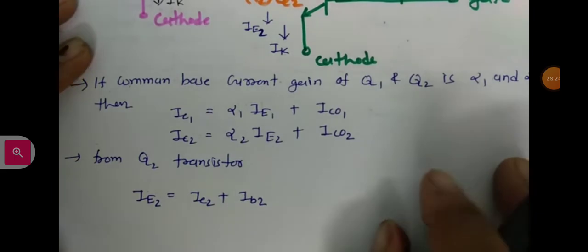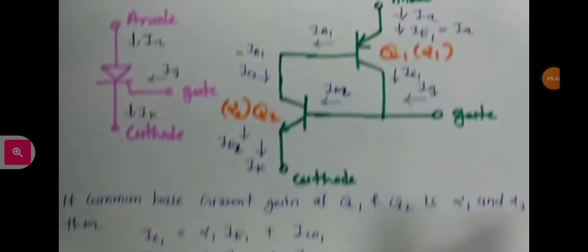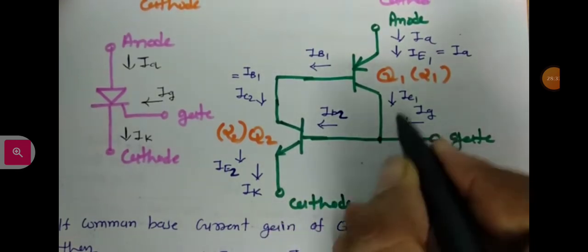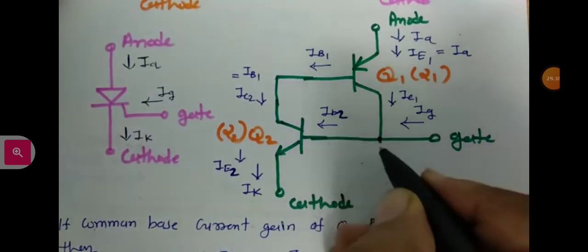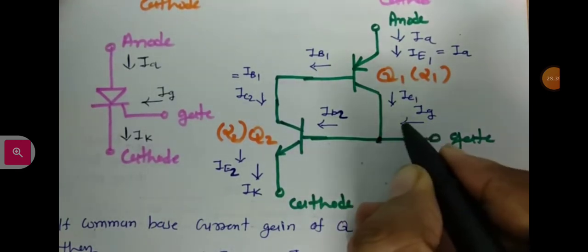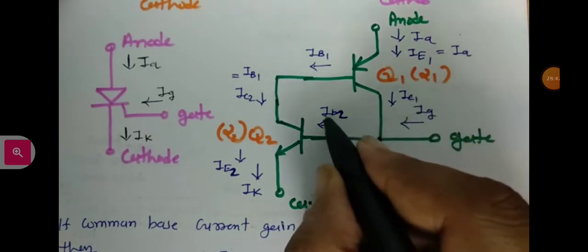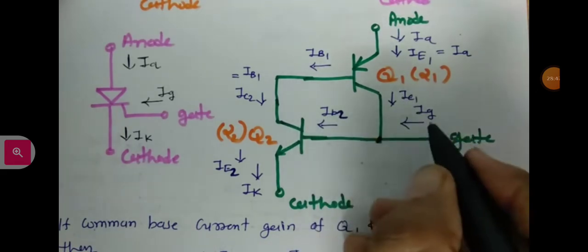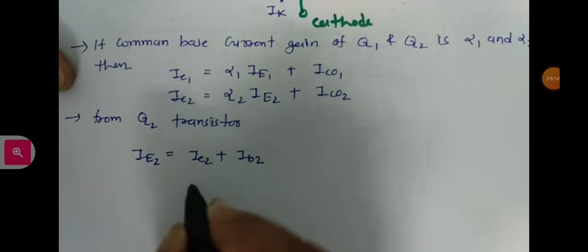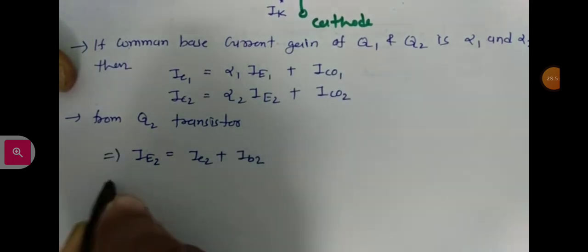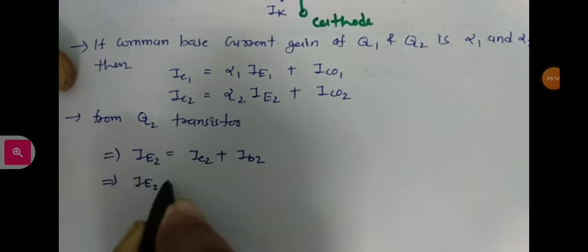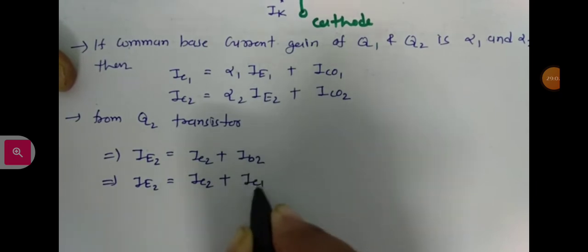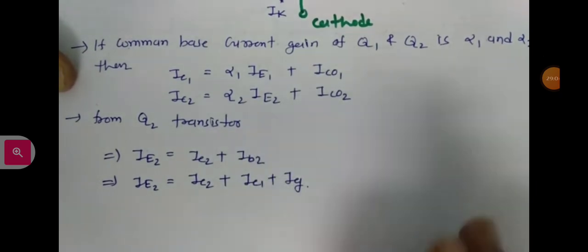Now, what is IB2? As per this junction, the entering currents are IG and IC1 and the leaving current is IB2. So IB2 equals IC1 plus IG. Let us place it over here: IE2, that is IC2 plus IB2, is IC2 plus IC1 plus IG.